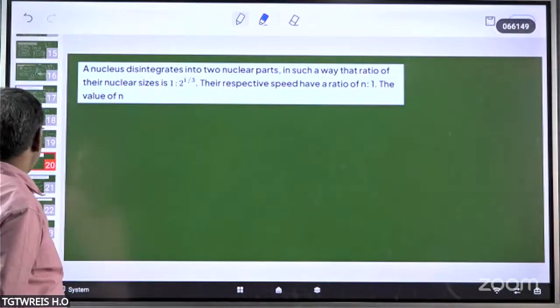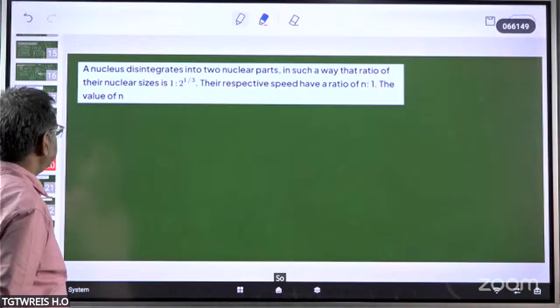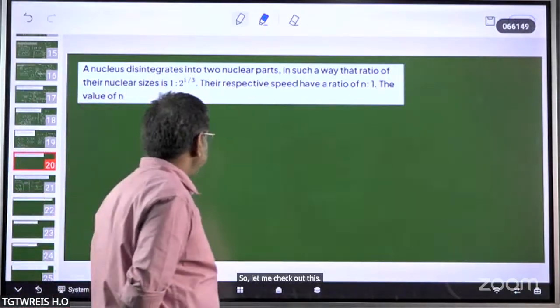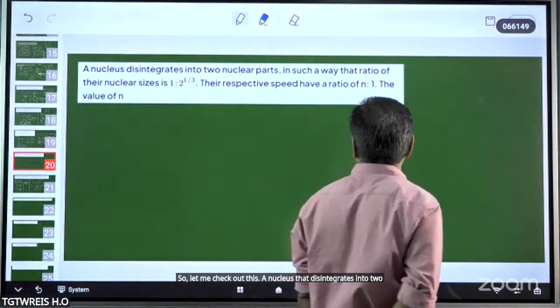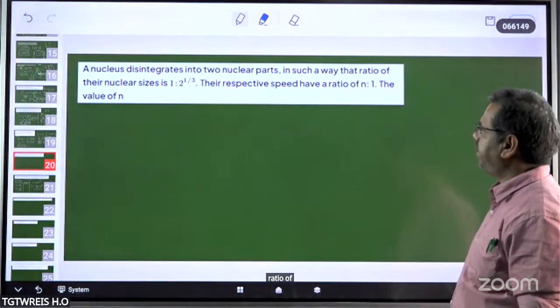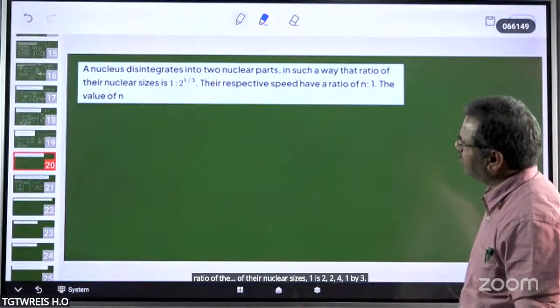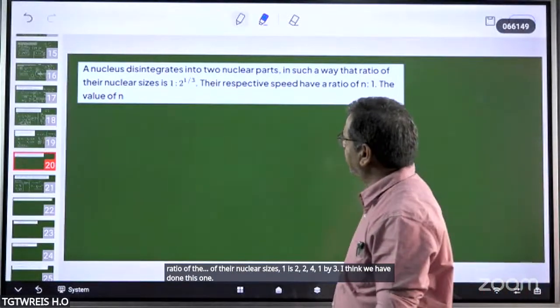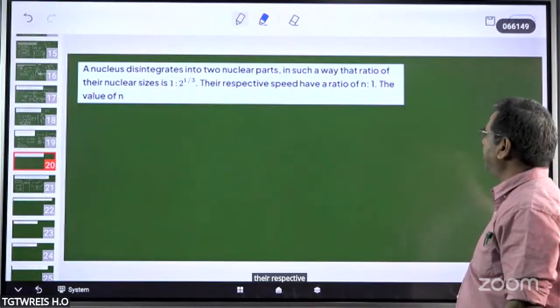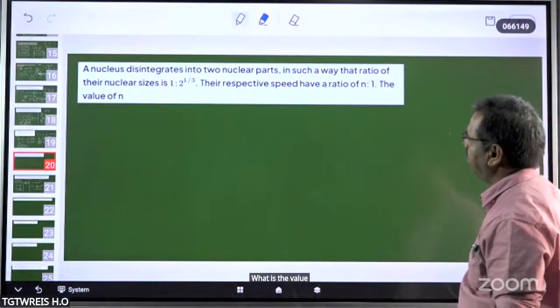I think this problem we already had in the beginning, so let me check. A nucleus disintegrates into two nuclear parts in such a way that the ratio of their nuclear sizes is 1 is to 2 power 1 by 3. Their respective speeds are in the ratio n is to 1. What is the value of n?